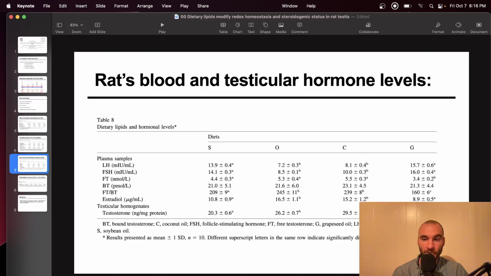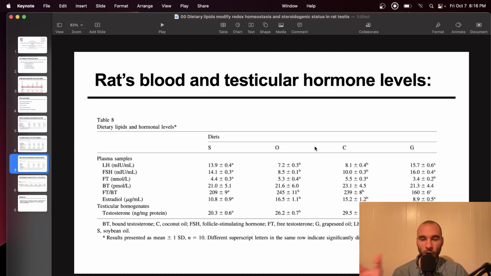The grapeseed oil group is sad. It's like half the amount of testosterone present compared to the coconut oil group and the olive oil group. The soybean oil group is a little closer. Maybe 2/3 of the coconut oil group and a little more than that for the olive oil group, but overall still significantly less than the olive oil and coconut oil group.